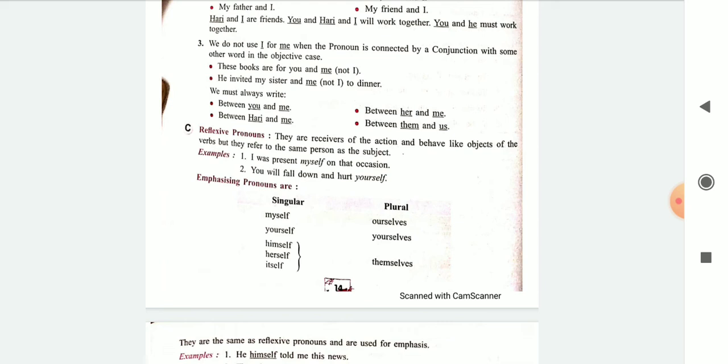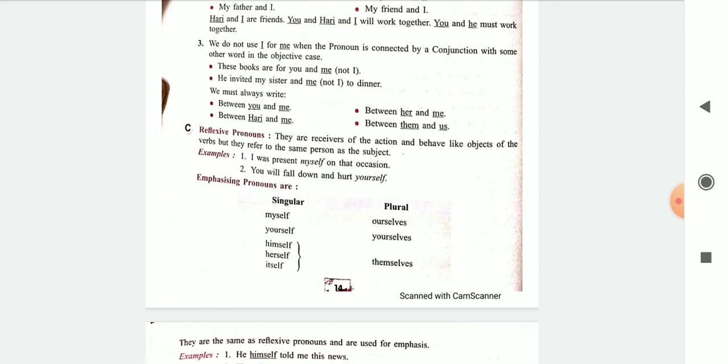Reflexive and emphasizing, they go hand in hand. Now we have the words here, if you can see in the textbook: myself, ourself, himself, herself. The words remain the same for a reflexive pronoun and an emphasizing pronoun, only they are used in a different manner.